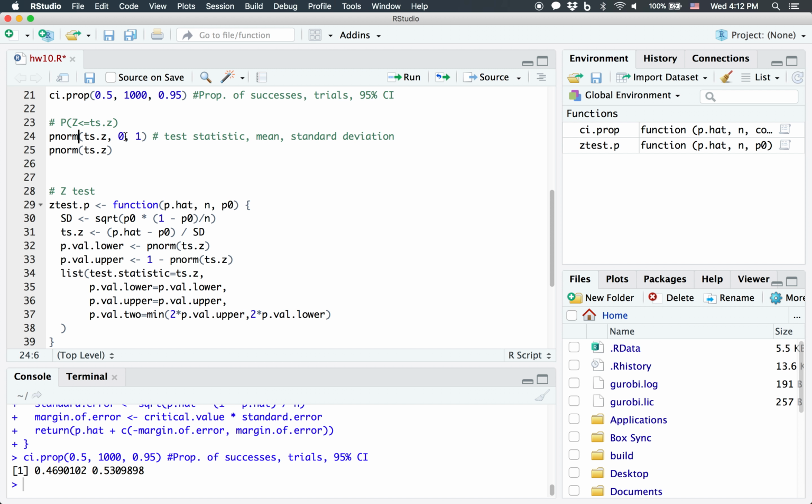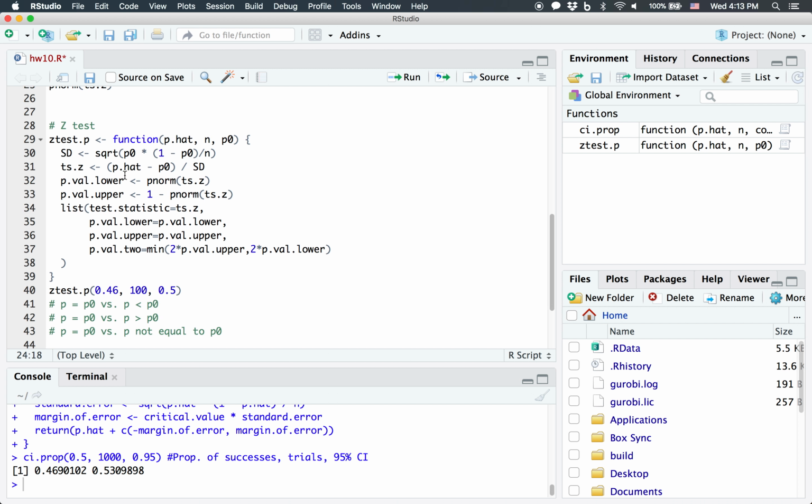When you're running for the standard normal distribution, which has a mean of 0 and a standard deviation of 1, we can just omit these two parameters and get the result. It's the same thing, so pick whichever notation you're more comfortable with.